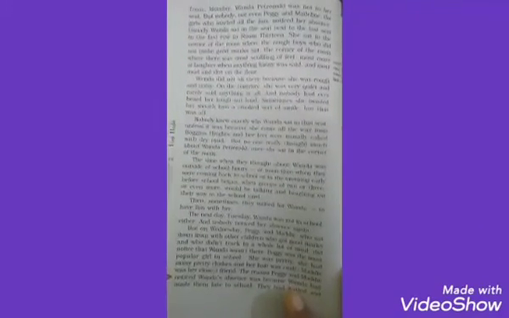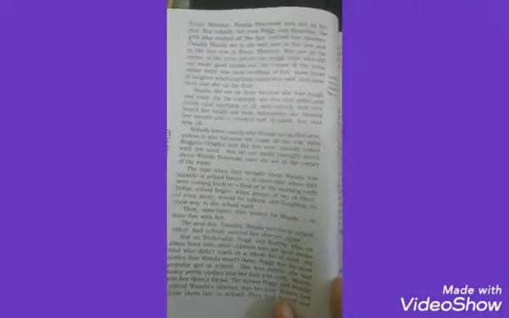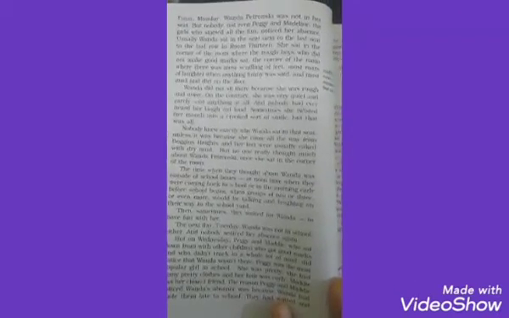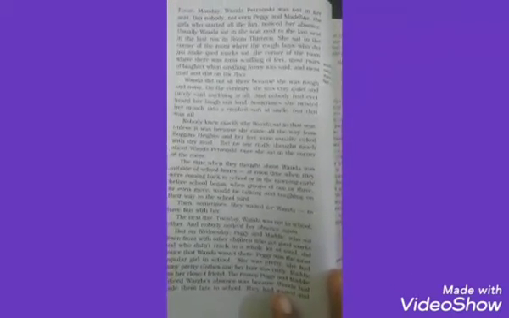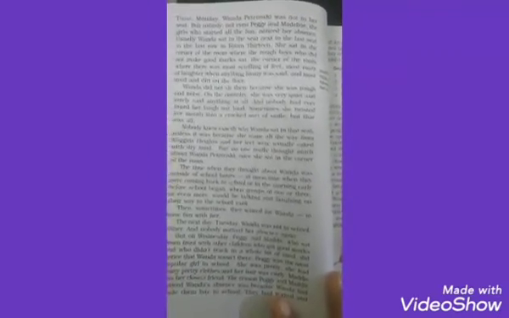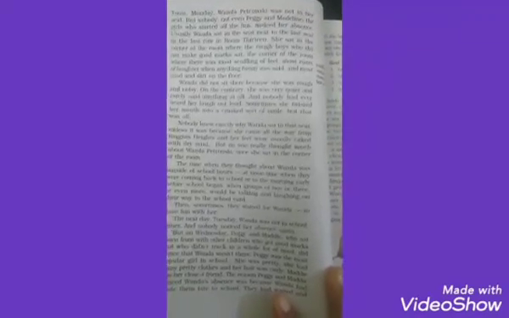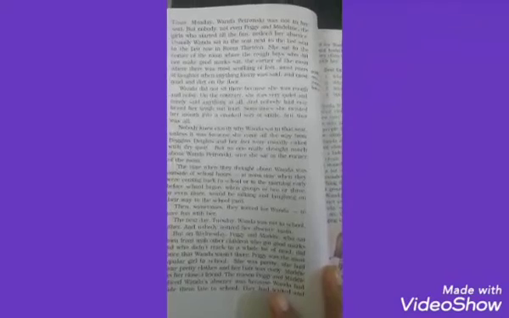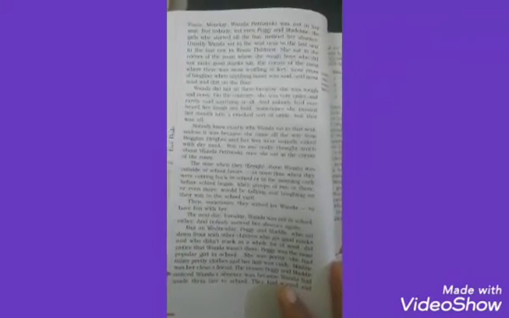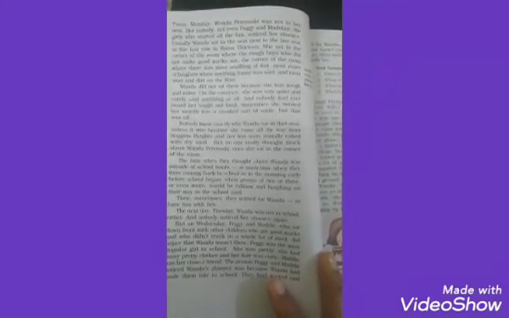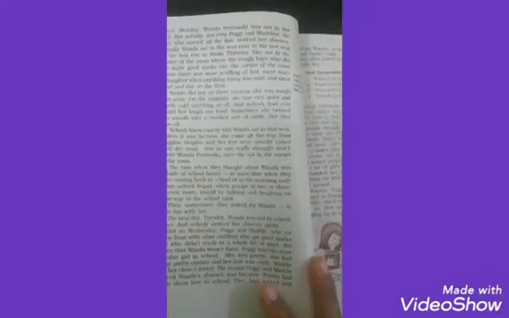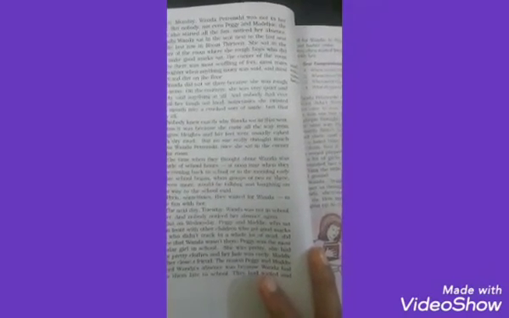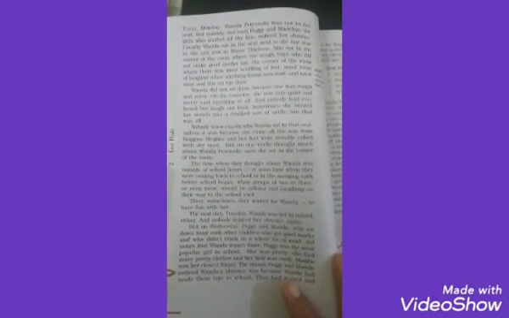So in this, it is given that it was Monday and Wanda Petronski was not present that day. She was not there in her seat, and nobody noticed. Even Peggy and Madeline, who started all the fun, did not know that Wanda was not in the class that day. Wanda always sat in the last seat, in the last row, in room number 13.